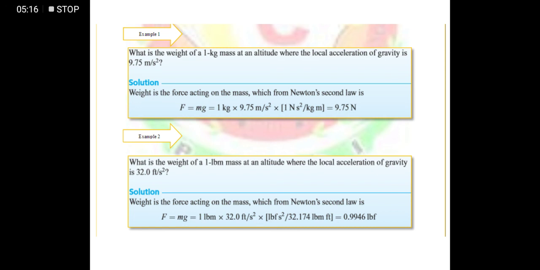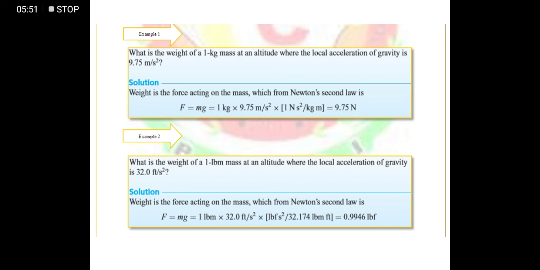So in here, our calculation is 1 lbm, or 1 pound mass, multiplied by 32.0 feet per second squared, because that is the value of 9.75 meters per second squared in English units. So you just multiply that. Then you convert it into pound force, and we know from our conversions earlier, which I showed, please look at it, that 1 lbf is equal to 32.174 lbm feet per second squared.